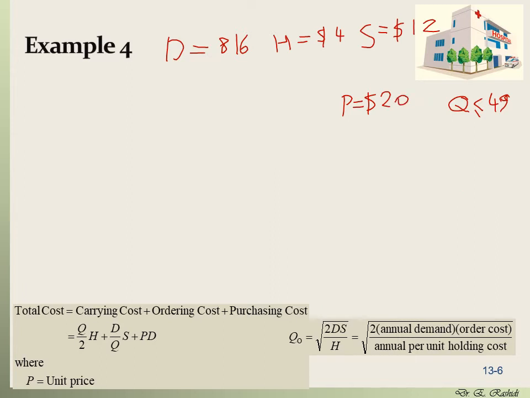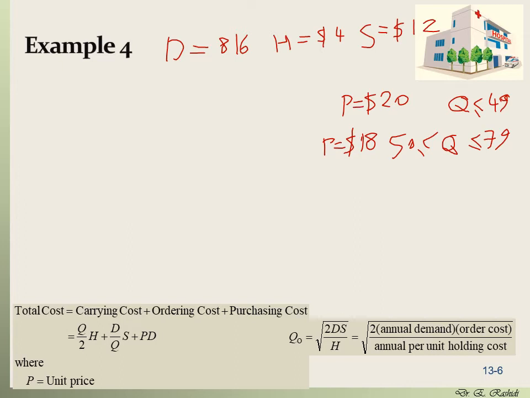If they order between 50 and 79, the price that they're going to get is with $2 discounts at $18 per case.